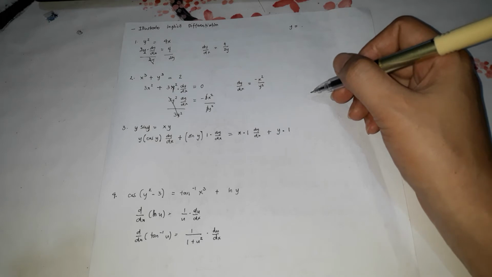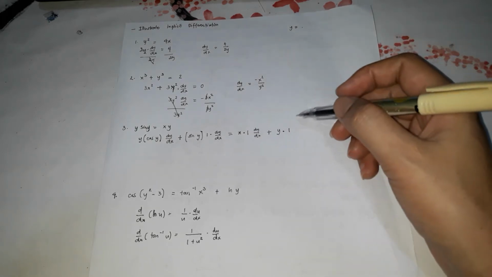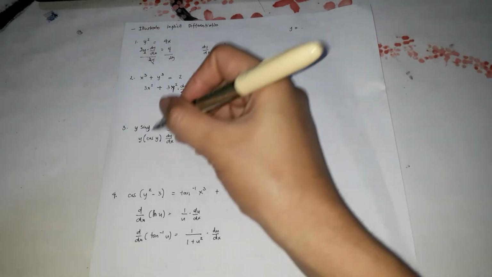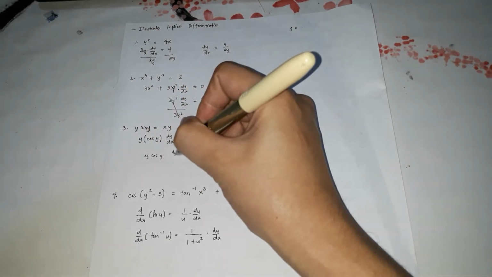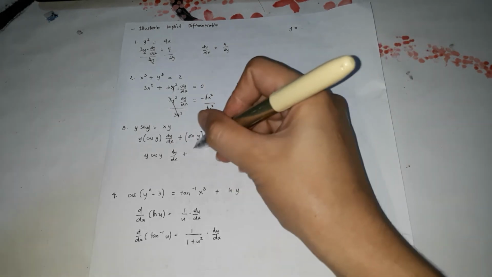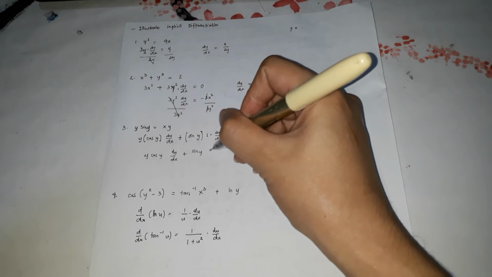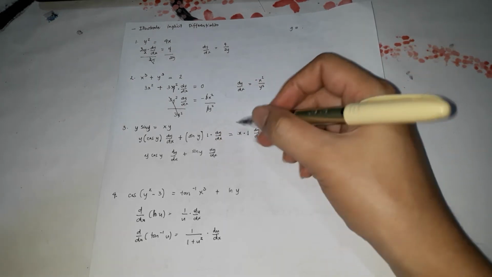Next, lahat ng dy over dx, ilipat mo dito sa kabila. Lahat ng wala dito sa right side. So, this one is y cosine y dy over dx plus 1 times sine y, that's sine y dy over dx. Transpose this one, this is 1x.